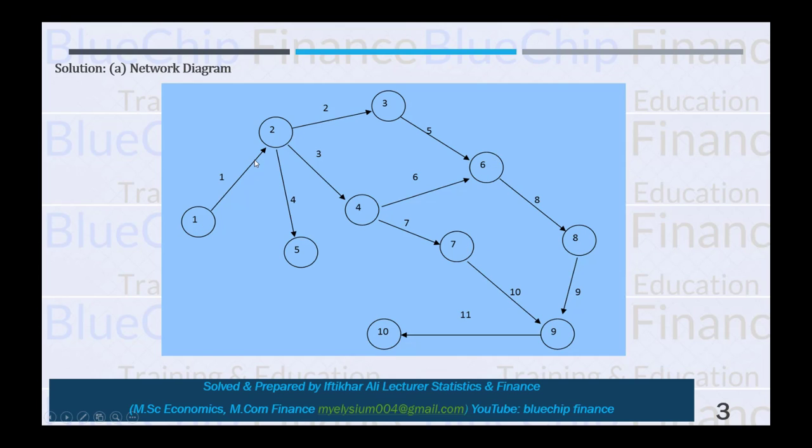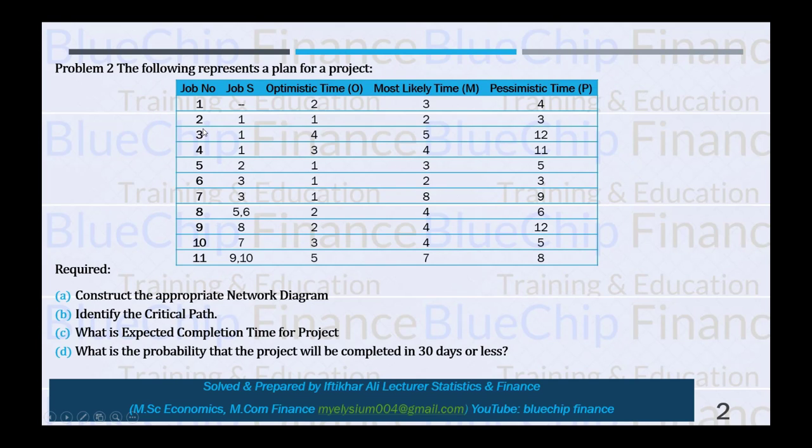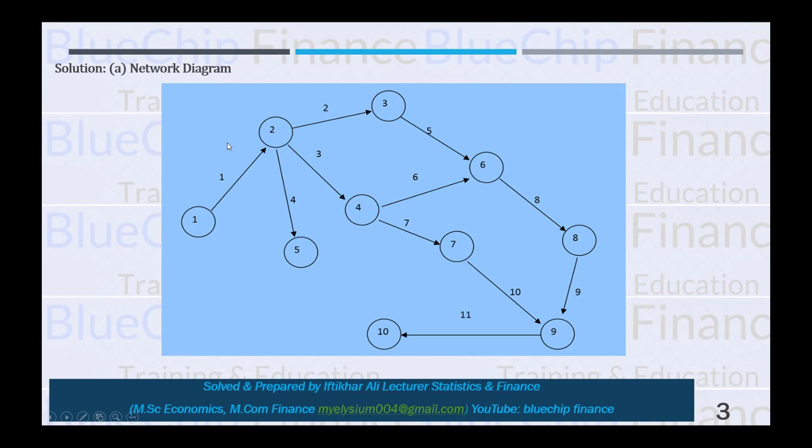After that, the second job, third job, and fourth job, these 3 jobs are starting from where a job is ending. So that is the meaning of predecessors. So here 2, 3, and 4 jobs are starting from where a job is ending.